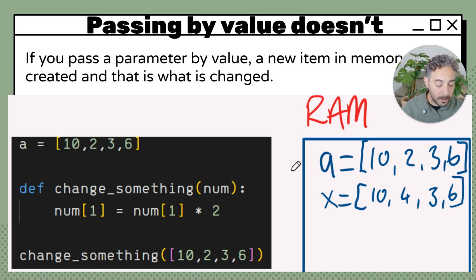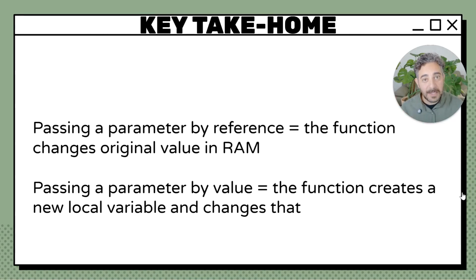It leaves the old one completely intact because we haven't passed that through as a reference. So this is the key thing that you have to remember. Passing a parameter by reference means that the function changes the original value which is stored in RAM.